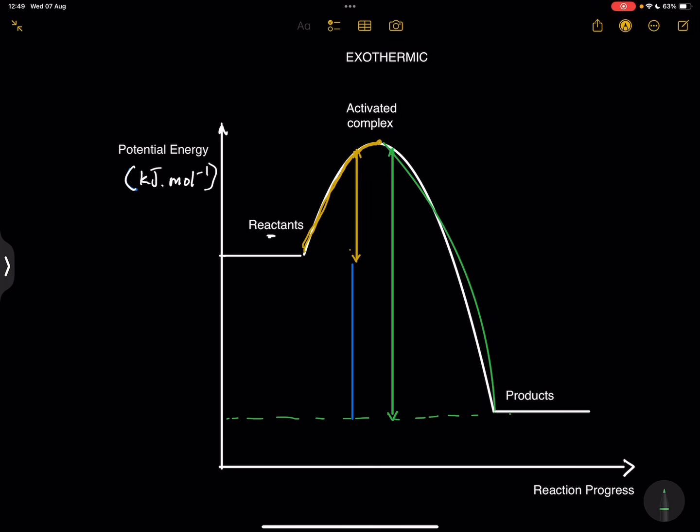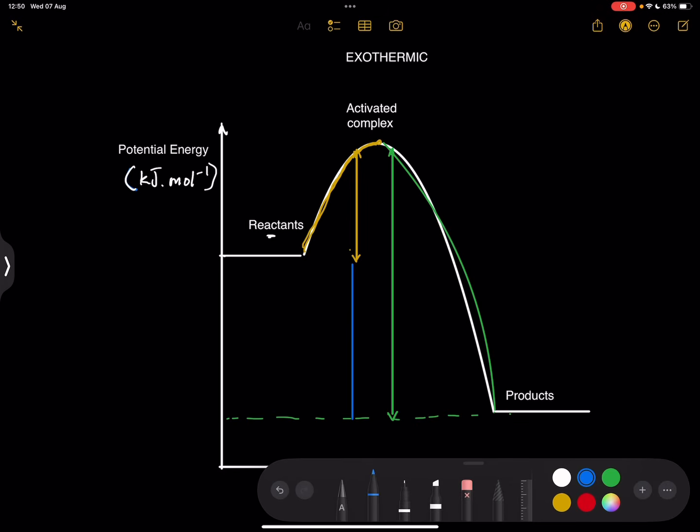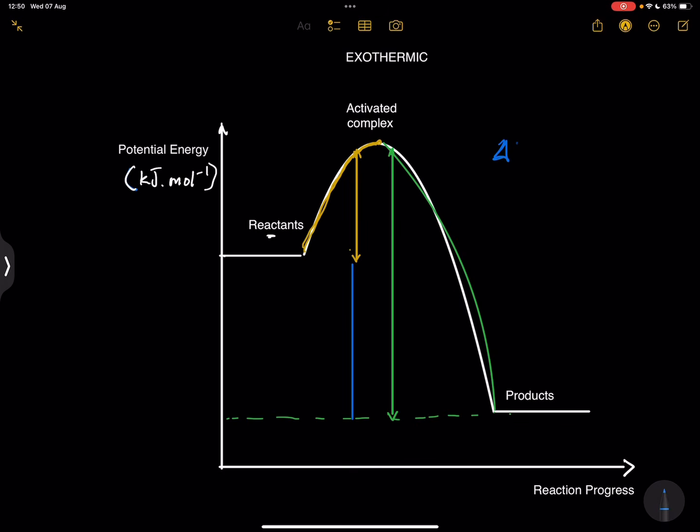So I want you to note, if we were going to calculate delta H for this energy profile, we know that delta H would be the energy of the products minus the energy of the reactants. But because the products have less energy than the reactants, what we will then find is that delta H is less than 0.